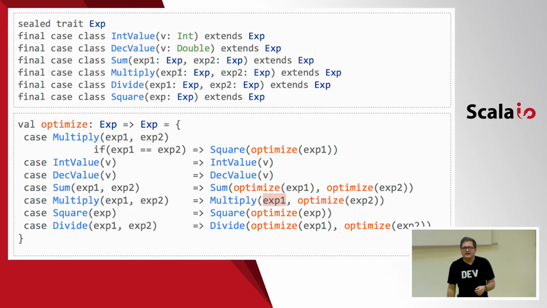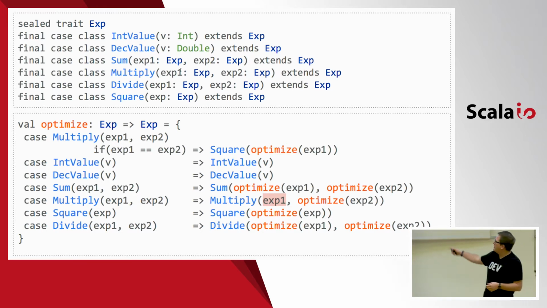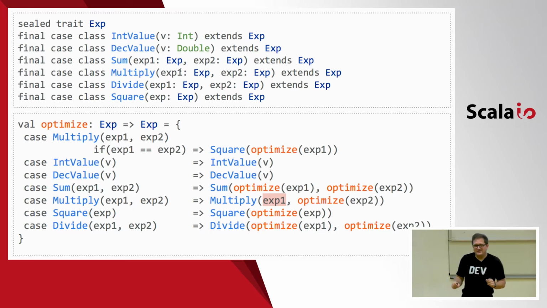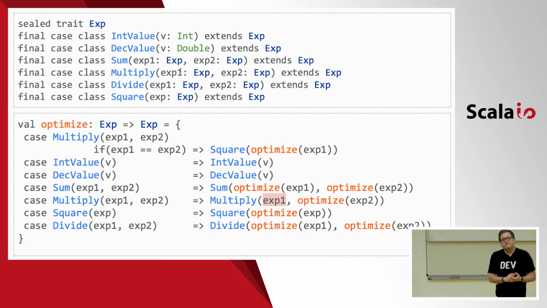Most probably I will write tests for it, but the tests that I write will probably deal with the optimization part. And if by any chance my test example doesn't have multiplication, and instead has a sum or division, then I'm screwed. Because that error will eventually pop up in production, but not in my tests or at compilation time.